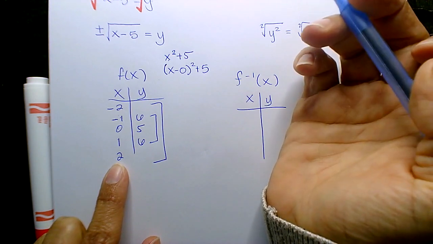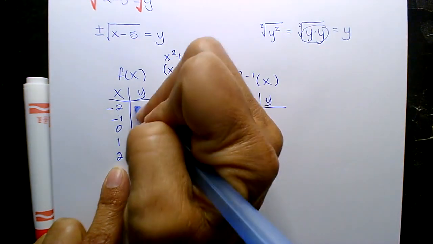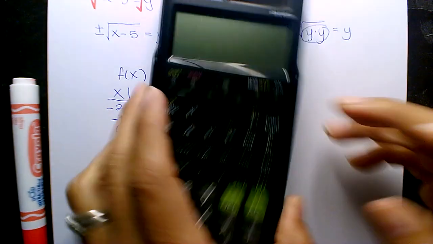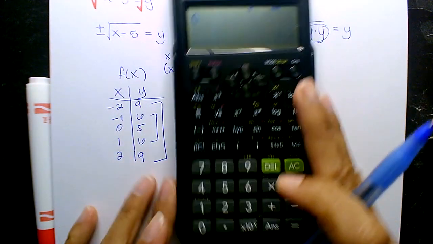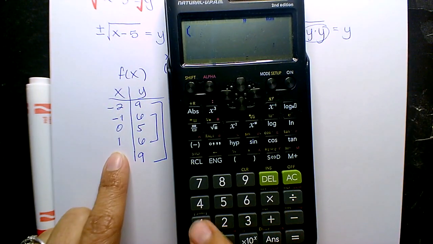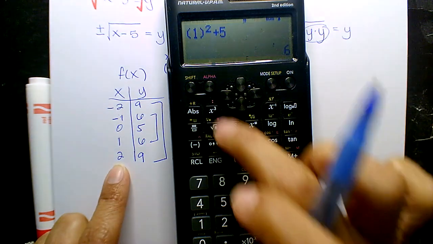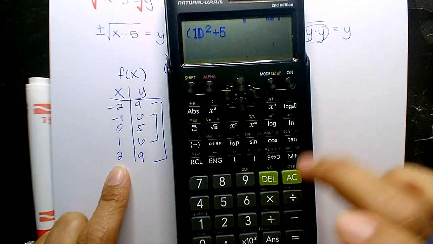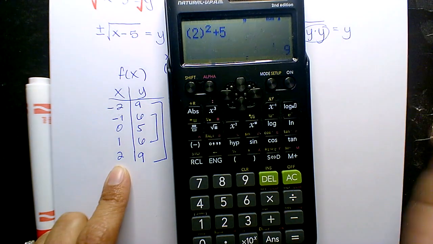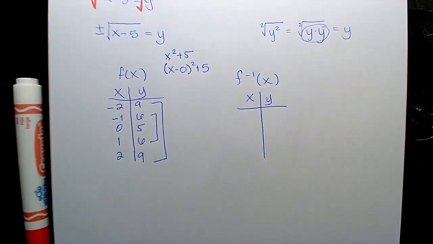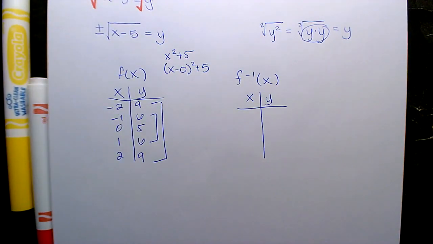And then what's 4 plus 5? 9, right? Okay, or you can just say, can you see? Yeah. 1 squared plus 5. There's my 6. Go back. Plug in the 2. There's my 9, right? Just substitute. Input, output. That's it.